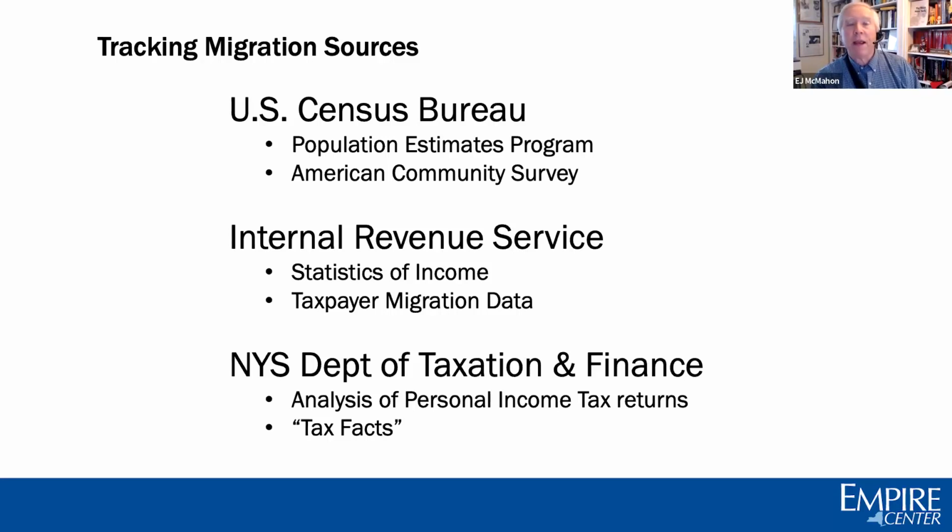And starting this past year, the tax department began also producing some interesting other research they've done based on tax data and on changes of address in taxpayers, which they've posted on their website as quote unquote tax facts. Those are the sources.